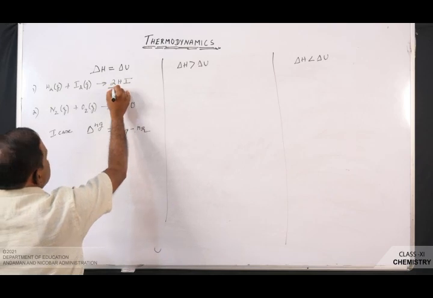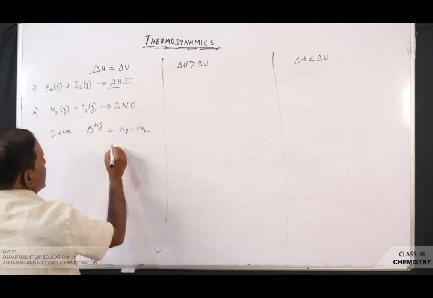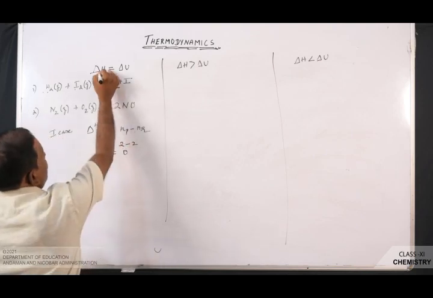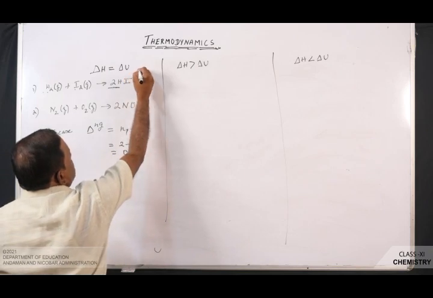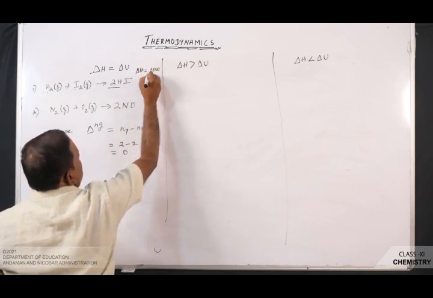Here it is 2, and here 1 plus 1, so 1 mole plus 1 mole is 2. So 2 minus 2 is 0, which means delta H is 0 in this case.